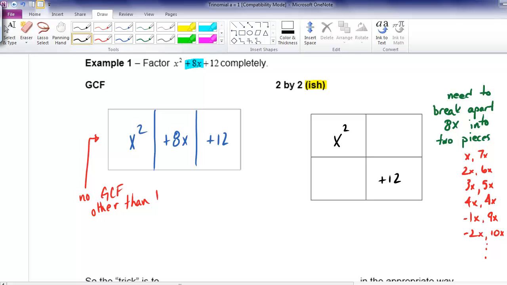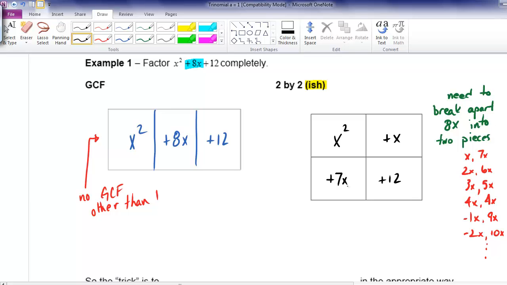Now I don't want you to write this down, but I want you to notice something. So the little problem is, how did we originally, when we multiplied our two binomials, get 8x? So I'm just going to make an assumption, and I'm going to assume, don't write this down, that we did it this way.